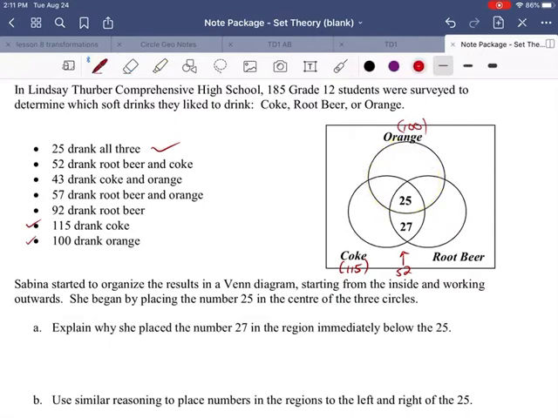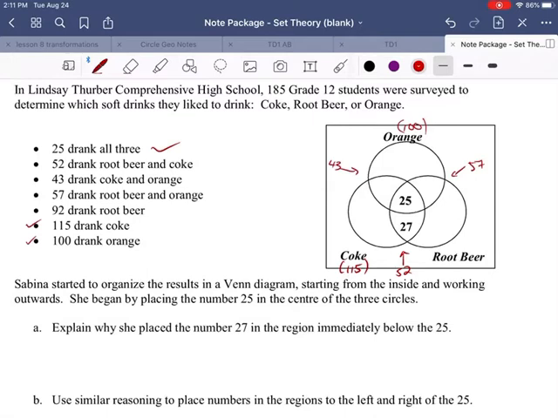Let's go to the 43 drank Coke and orange. So Coke and orange gives us 43. All right. And 57 drank root beer and orange. So root beer and orange. Okay.